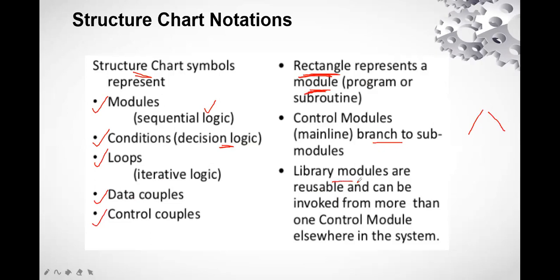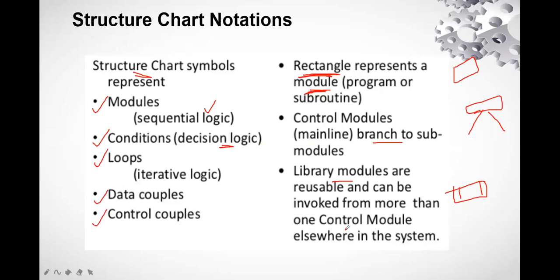Library modules are the modules which are reusable and can be invoked. These modules are shown as rectangular boxes with double lines on the sides. So this is the control module, showing how modules invoke or talk to each other, and this is the library module, right?